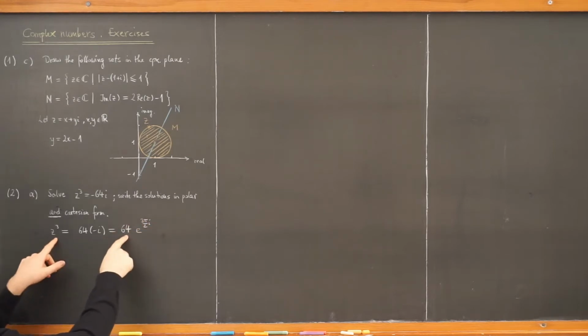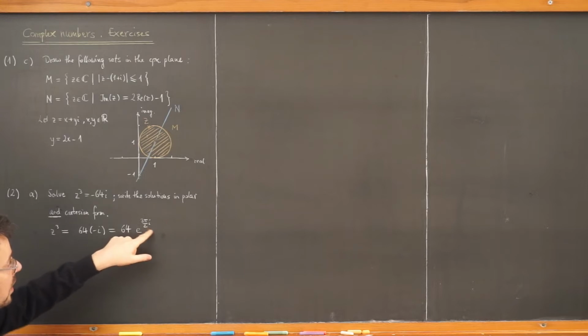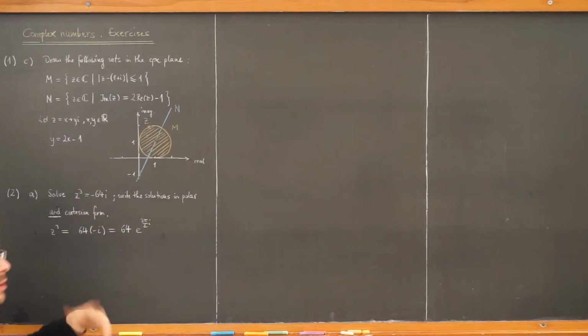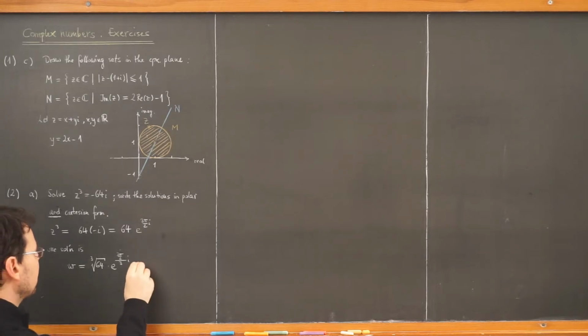And now to obtain one solution, we simply draw the third root of the length, and we take this angle divided by 3. So we end up with that. I call this one particular solution w, in German Wurzel, root in English.